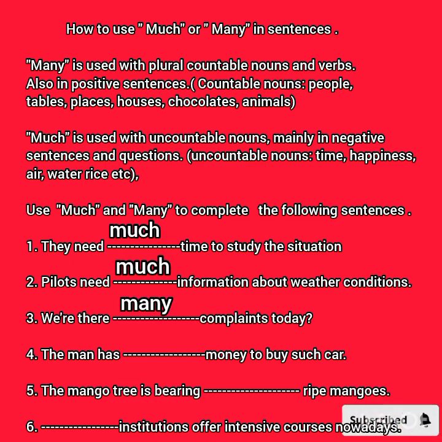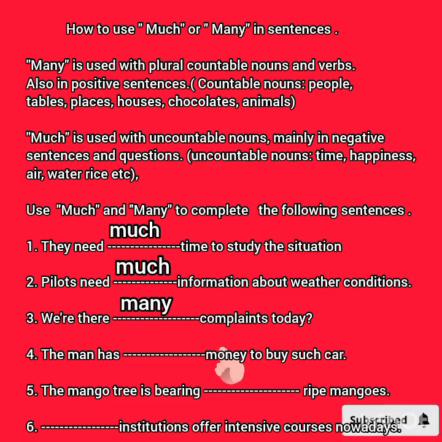Now, the fourth sentence said: the man has dash money to buy such a car. So, let's look at the noun in this sentence. The nouns in this sentence are money and car. But money in this sentence is an uncountable noun. Money can be countable or uncountable, but in this sentence, money refers to the amount of wealth that this man has.